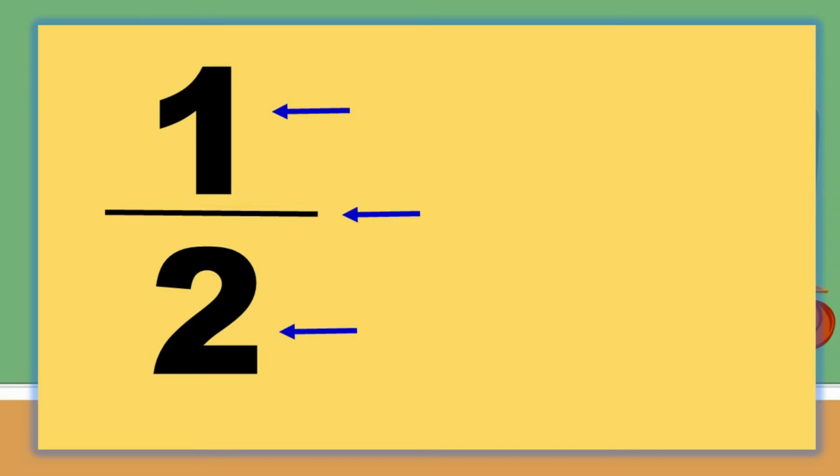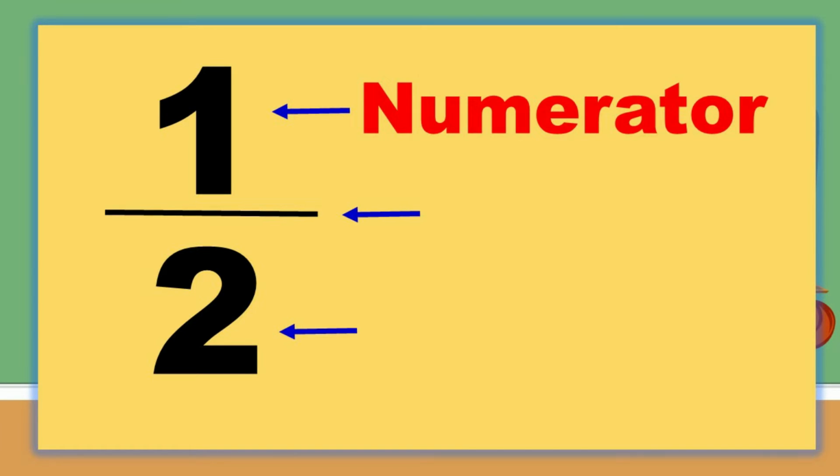The first one is the upper number, the line, and the lower number. The number on the top is what we call numerator. Everyone say numerator. If we say numerator, it means that the number of parts are being considered, or how many pizzas were eaten.